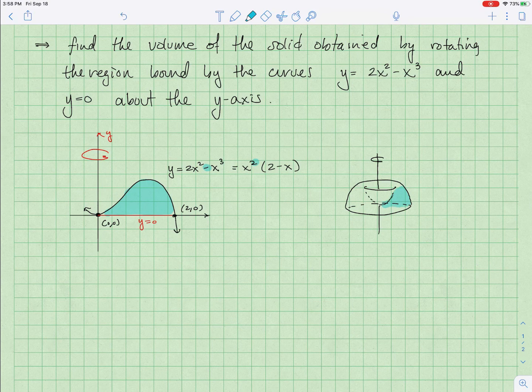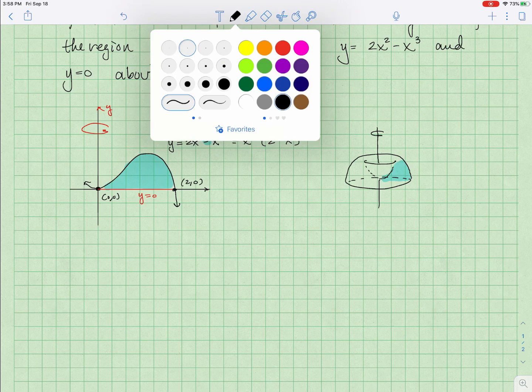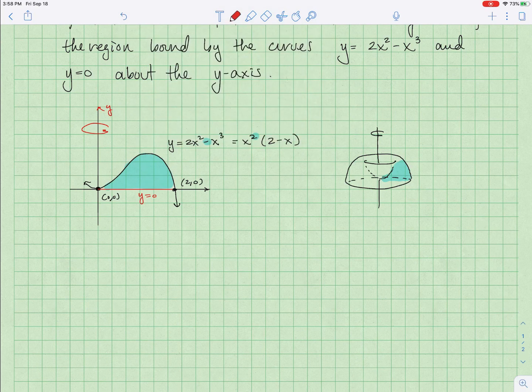So anyway, we're going to talk about the difficulties of setting this up using the previous technique, the technique of discs or washers. So if we talk about the technique of washers in this case, since we're rotating about the y-axis, we should do some horizontal cuts.